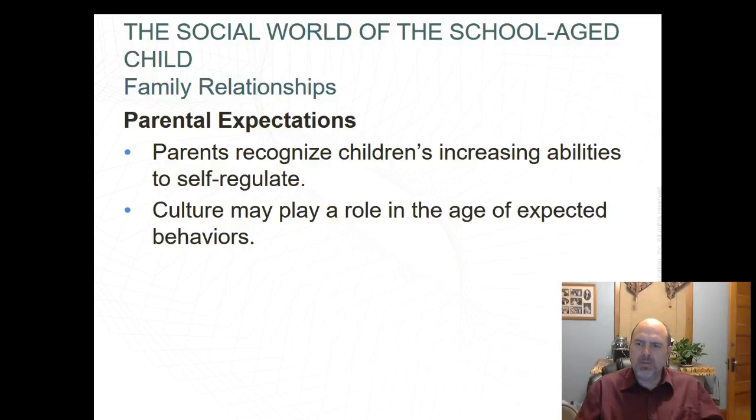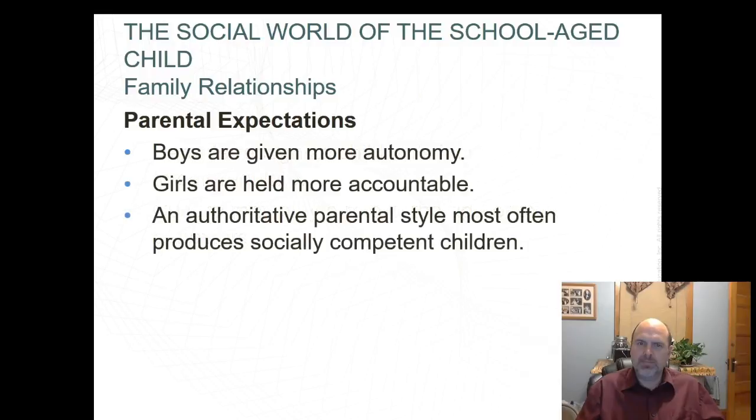Culture may play a role in the age of expected behaviors. An authoritative parental style most often produces socially competent children. Authoritative, not authoritarian. Children are both assertive and responsible in relationships as a result of autonomy, accountability, and that parental style.